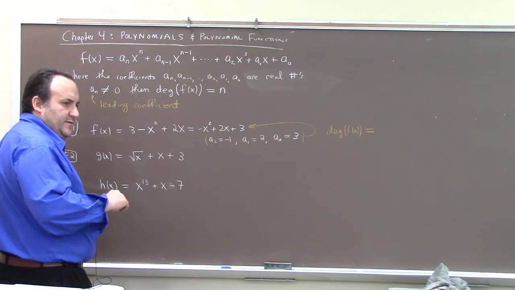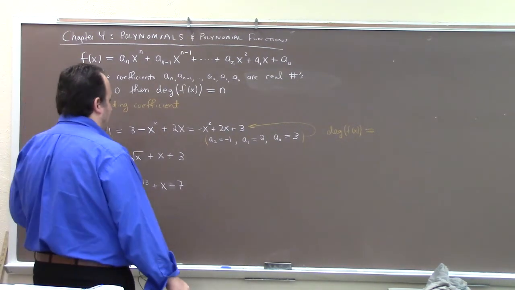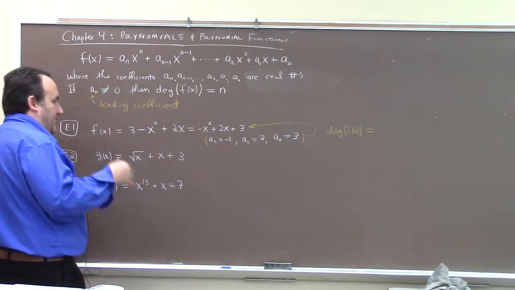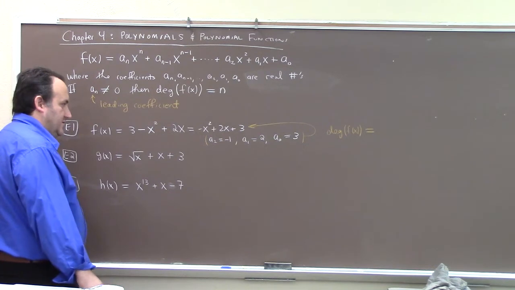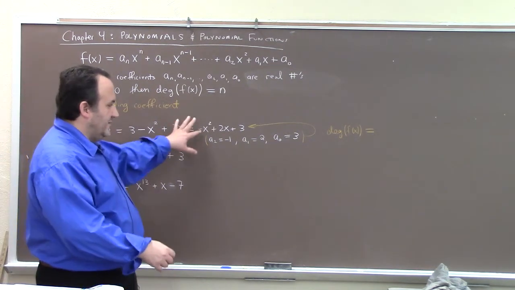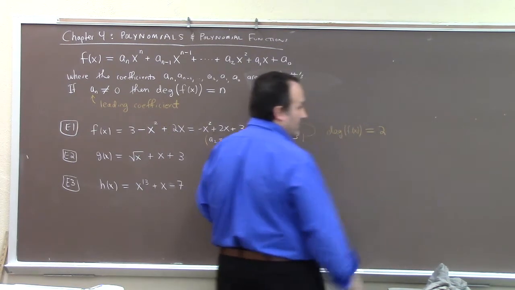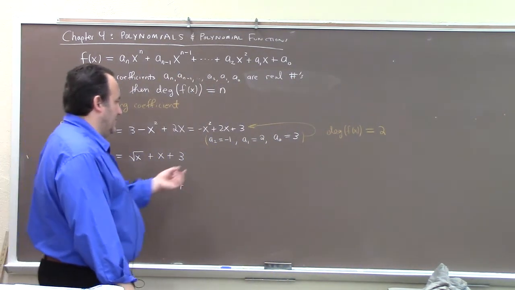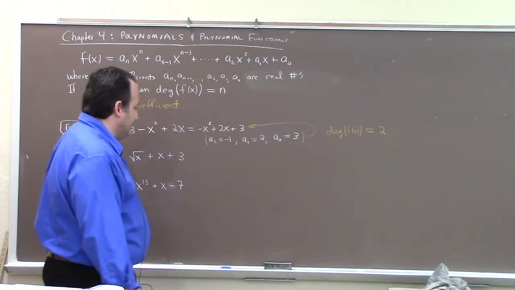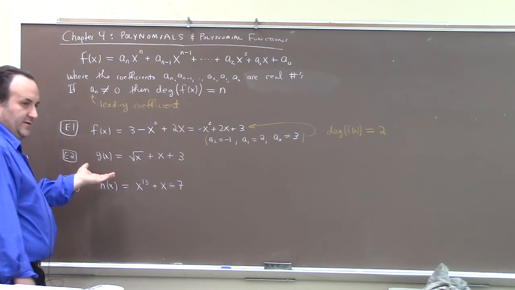Did you say what the degree was already? No. So the degree is the highest power that appears in the expression, basically. It's just that. X squared gives you that the degree is 2. So 2, because the leading coefficient here is this a sub 2, which is minus 1. Now, example 2, see, this is not a polynomial.